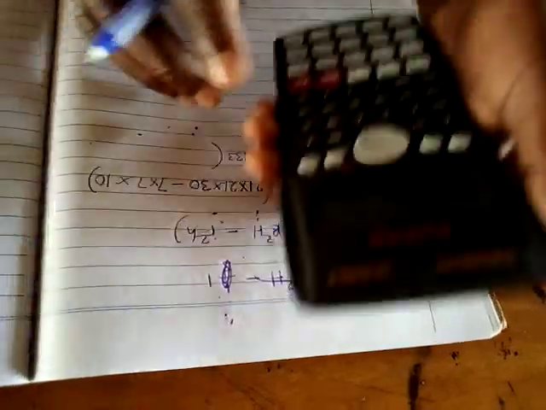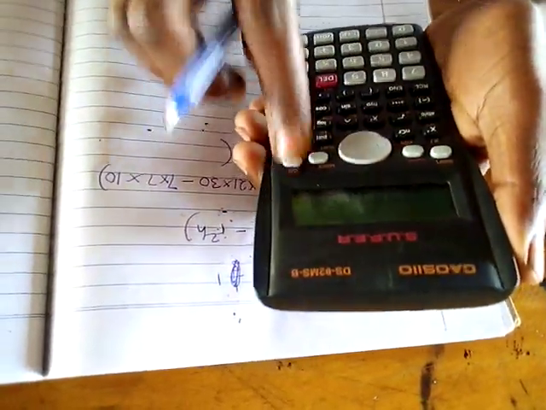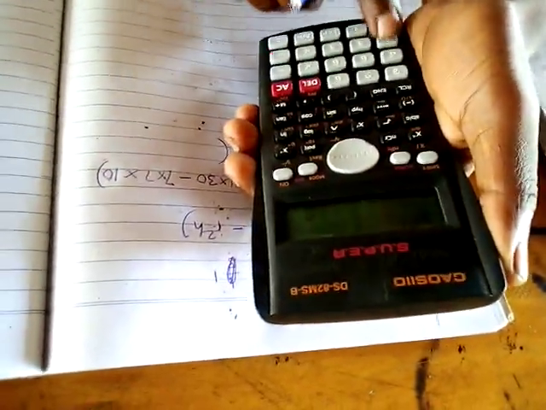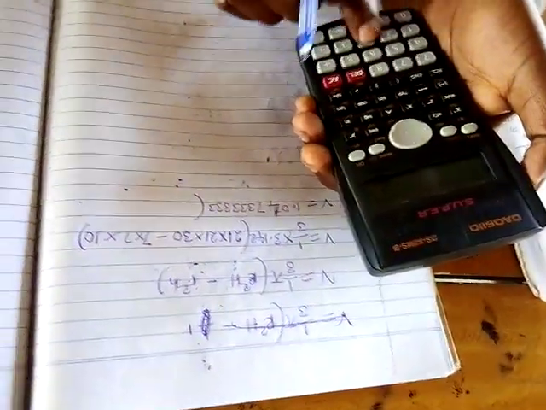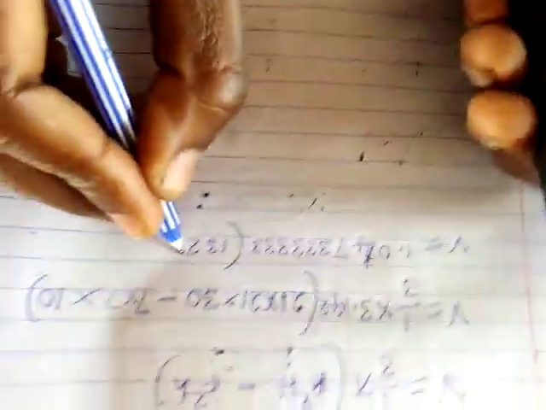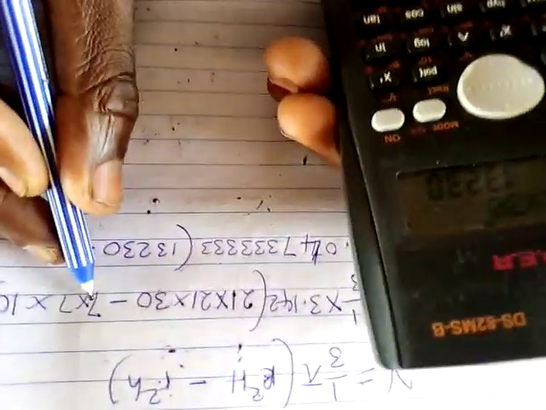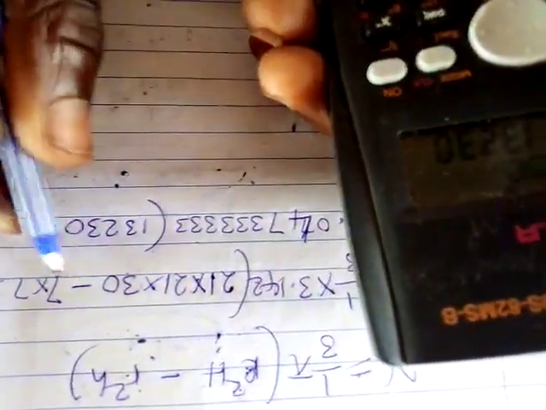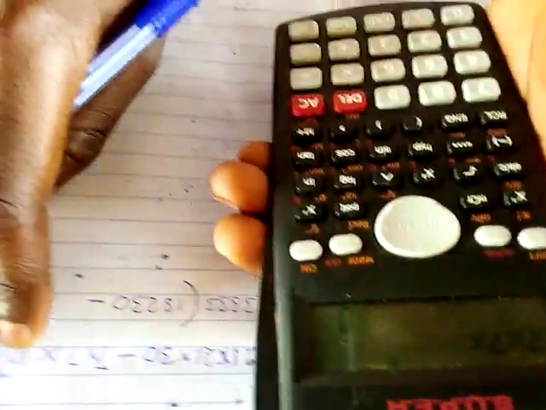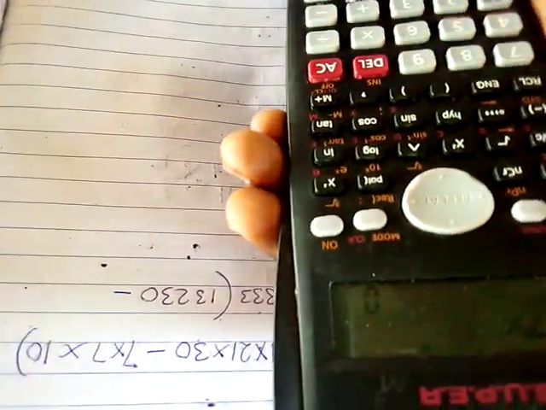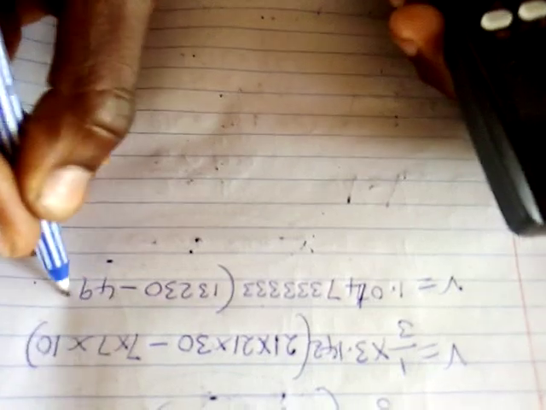Then 21 times 21 times 30, you get 13,230, minus 7 times 7 times 10, you get 490.